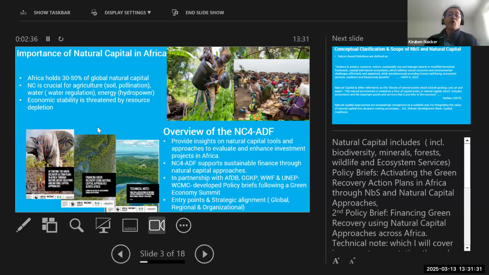The NC4-ADF supports sustainable finance through natural capital approaches, and in partnership with the African Development Bank, the Green Growth Knowledge Platform, WWF, and UNEP WCMC, we developed these policy briefs following a Green Economy Summit.